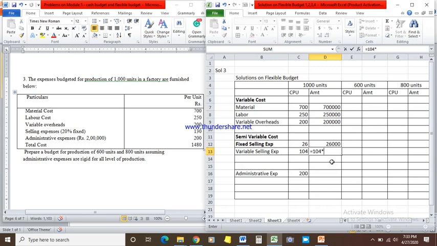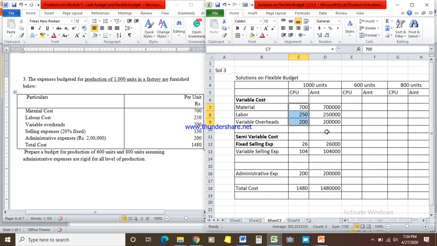Variable is 104 multiplied with 1000. Administrative expenses, already given, 200 into 1000, that is 2 lakhs. If you take the total of all these, we get the total cost for manufacturing 1000 units, which comes to 14,80,000.